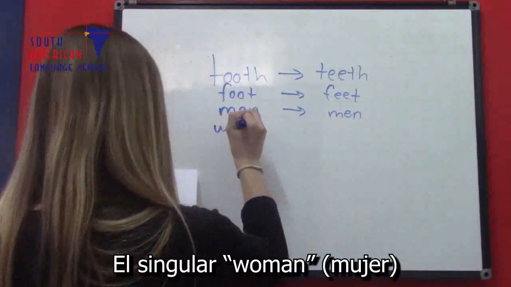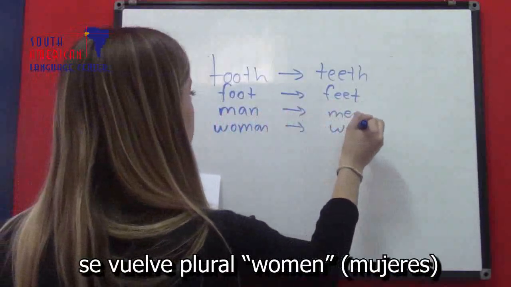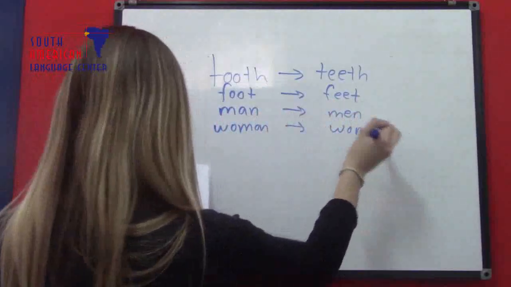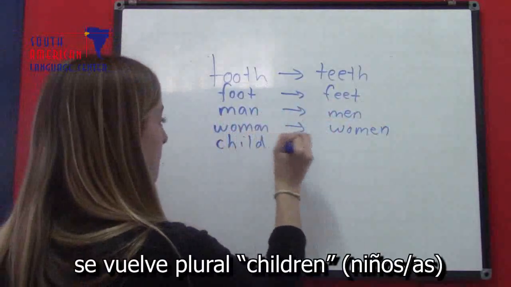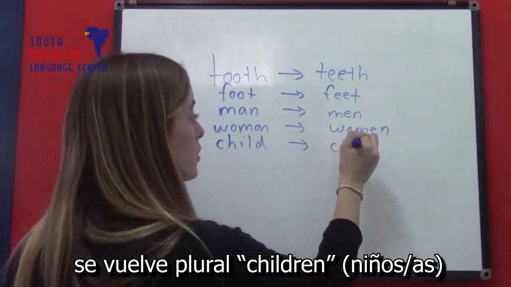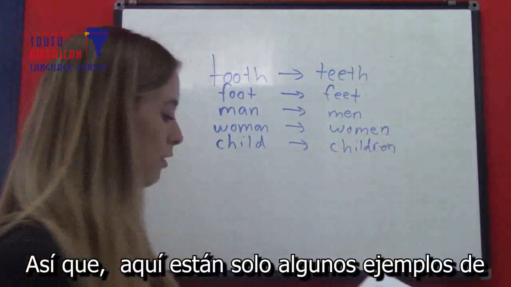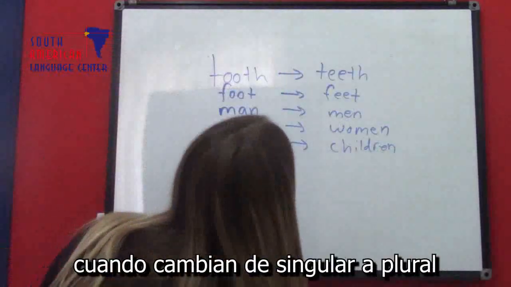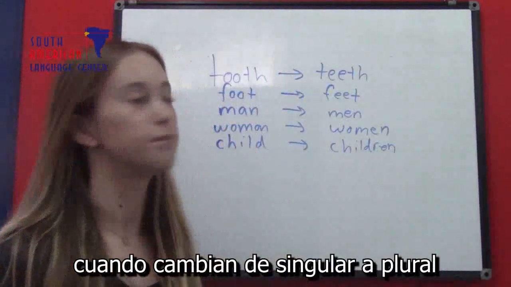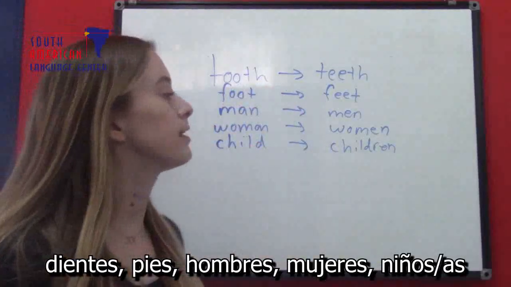The singular woman becomes plural women. The singular child becomes plural children. So here are just some examples of some of the irregular nouns when changing from singular to plural. Teeth, feet, men, women, children.